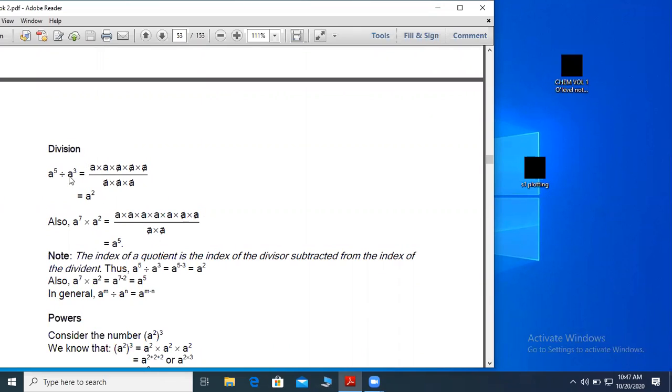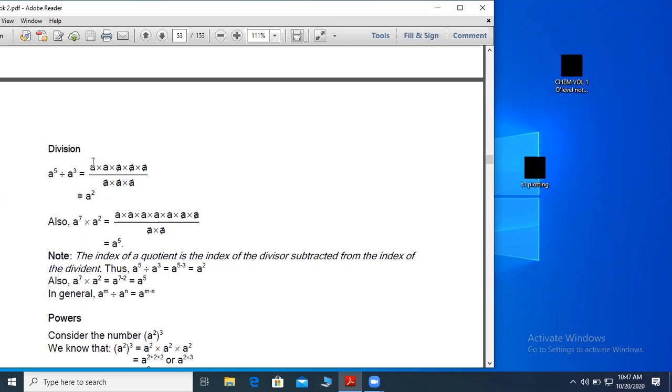Let us go to division. For division, let's say if we have a power 5, it will be the same as a times a 5 times. You can see it as a numerator here. Then we are dividing by a power 3, which is a times a 3 times.